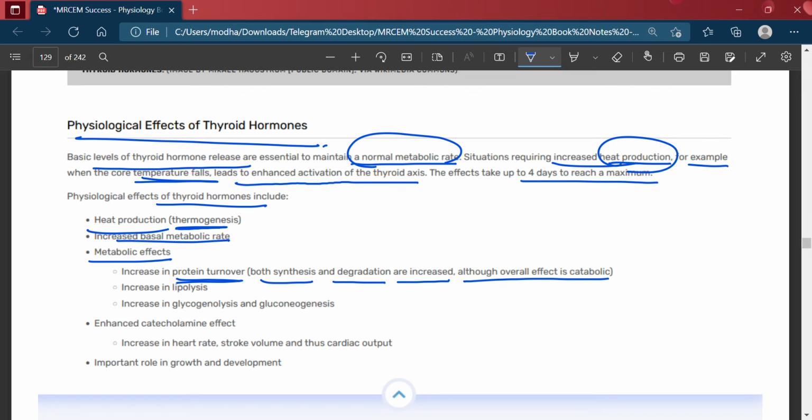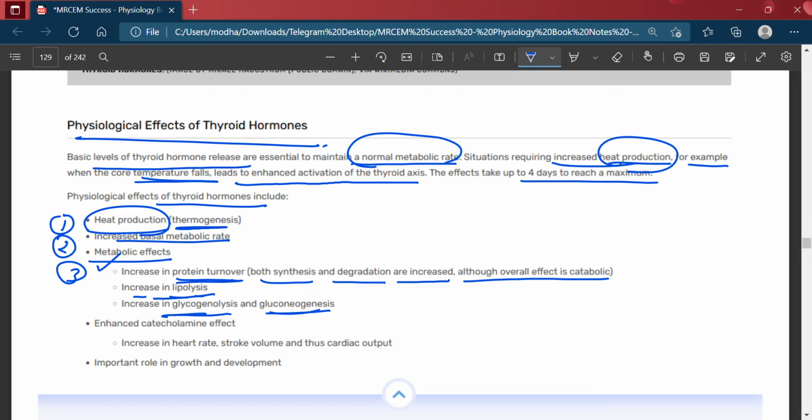There is also an increase in lipolysis, glycogenolysis and gluconeogenesis.